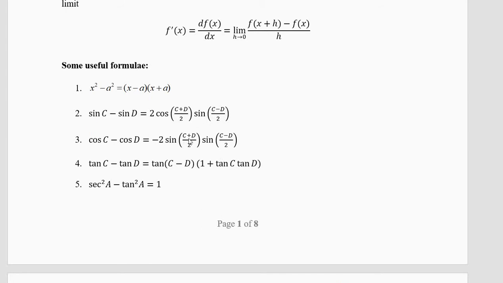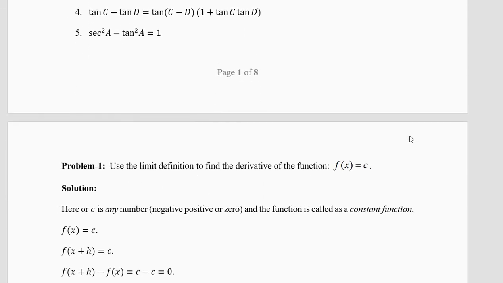Cos C minus cos D, this is the formula, tan C minus tan D, and secant square A minus tan square A equal to 1. This fourth and fifth formula are for the last question. We'll do one example using the second formula and one example using the third formula. The first formula is from the previous worksheets. We'll be needing it. We have used it in the old limits.